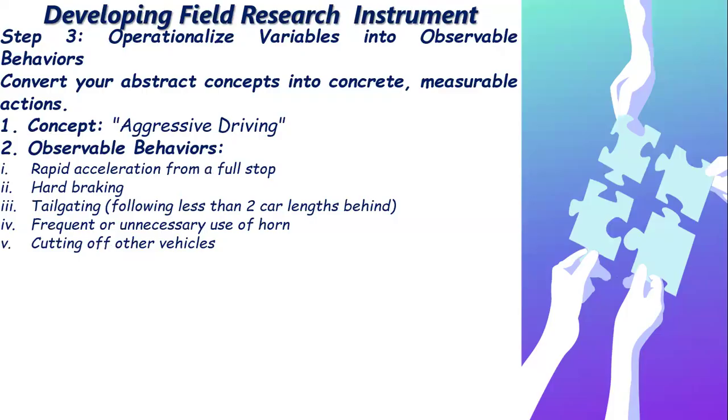Observable behavior: rapid acceleration from a full stop, hard braking, tailgating, following less than 2 car lengths behind, frequent and unnecessary use of horn, cutting off other vehicles. So these are the observable behaviors you observe for a driver.